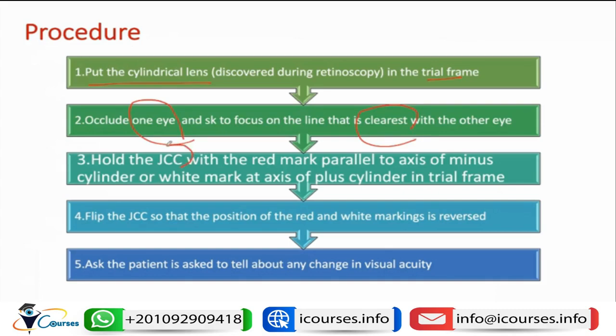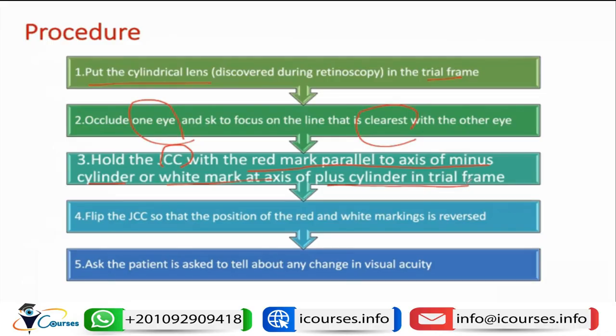And then we hold the Jacksonian cross cylinder with the red mark parallel to the axis of the minus cylinder, or the white mark at the axis of the plus cylinder. In case of adjustment of the power, we don't hold the Jacksonian cross cylinder with the handle with the axis. That is only in case of discovery of the axis.